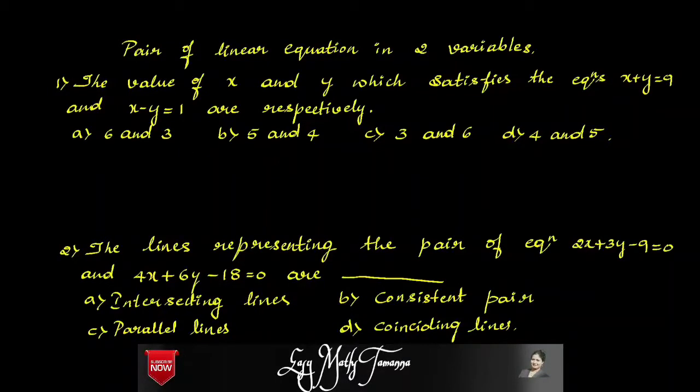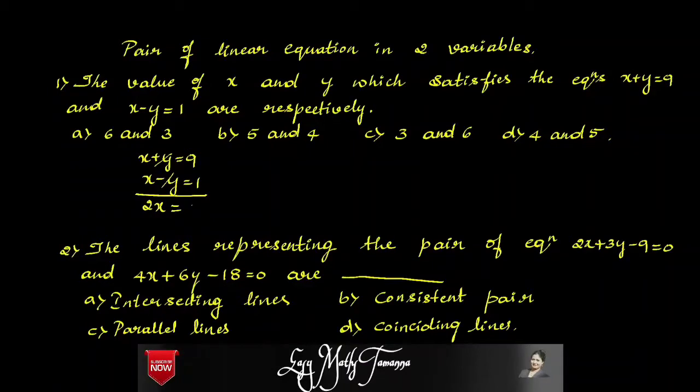On the basis of the elimination method, we take x plus y is equal to 9 and x minus y is equal to 1. Plus y and minus y cancel automatically. We obtain x plus x, that is 2x, is equal to 9 plus 1, which is 10.